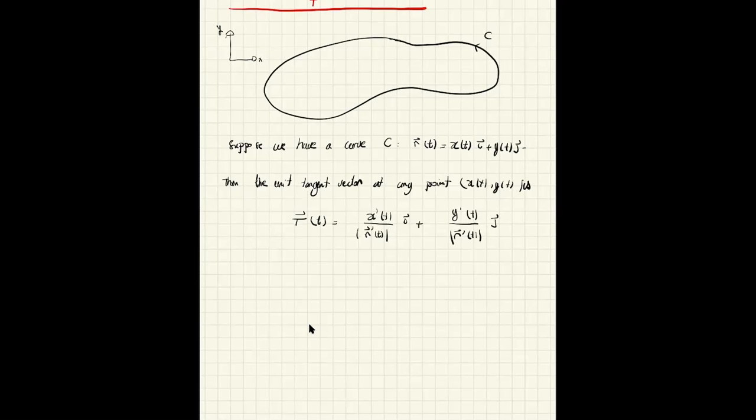So for the normal vector, here we have a point and the tangent vector, which is a unit one, and we have a normal one.